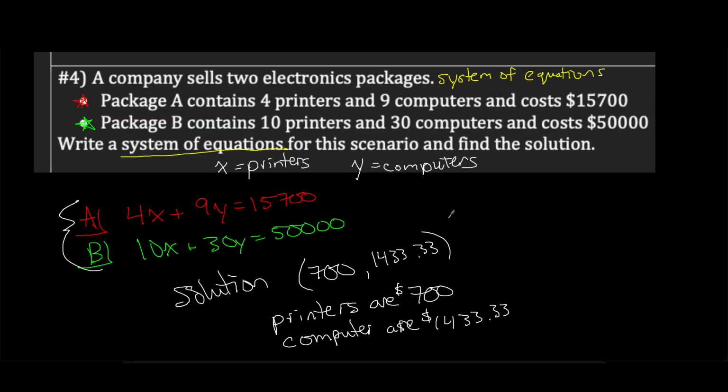So make sure you can understand what it is. If it gives you a scenario like a real world problem, you want to make sure that you can fill out and say what is happening. So we had our system of equations, meaning at least 2 equations. We had our solution point, and we said what it means for our problem.